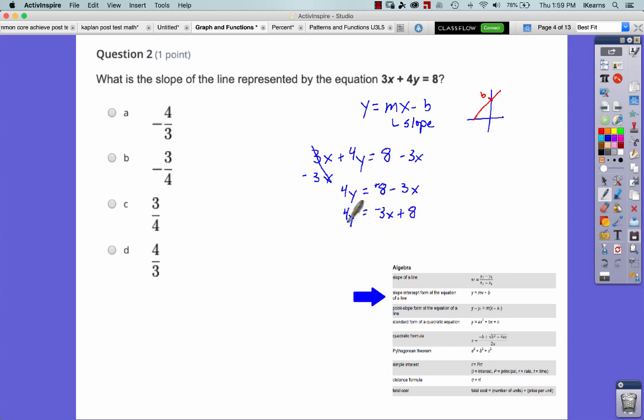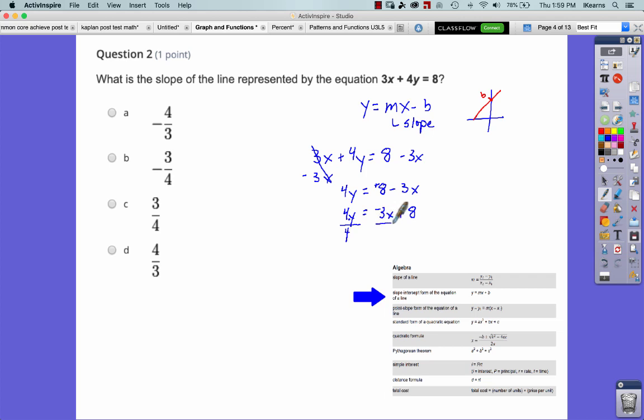Now we need to isolate y here. What's happening to y when we write a letter and a number right next to each other? We are implying multiplication. This is 4 times y. So in order to isolate y, we have to do the opposite, which is divide by 4.